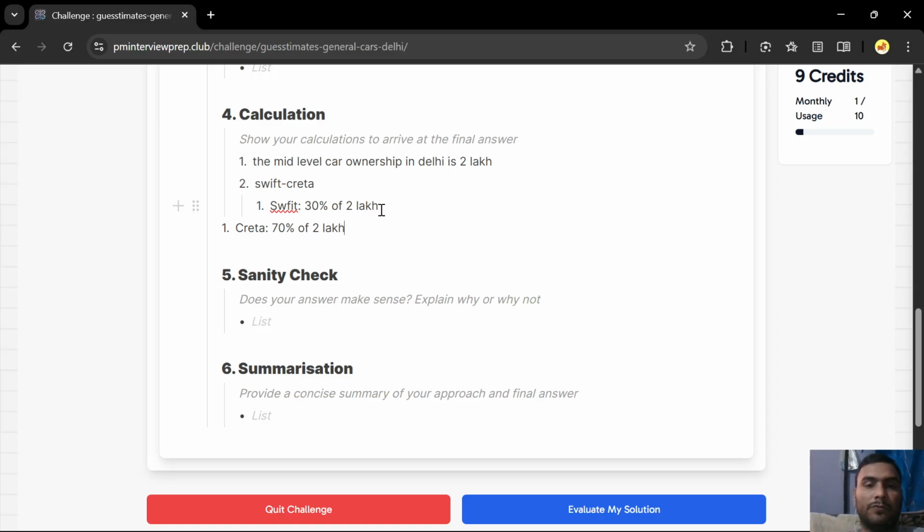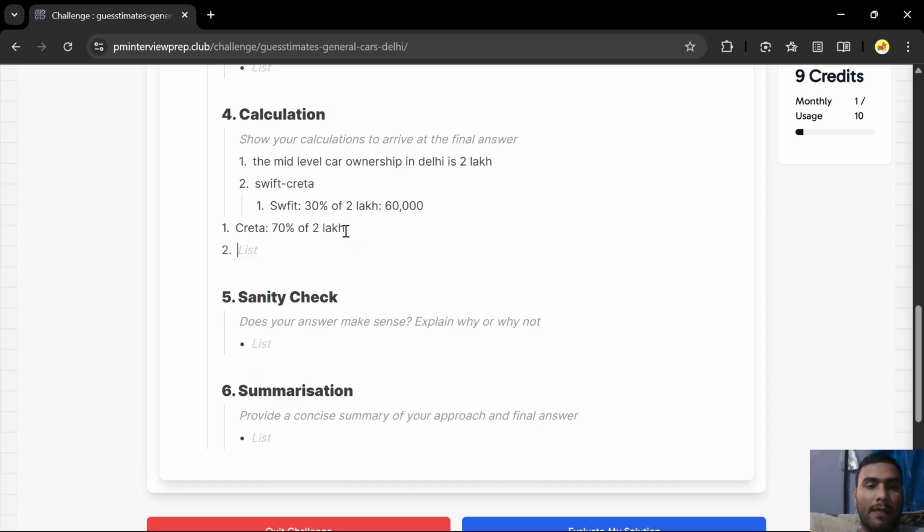So these numbers come around 60,000. So, yes, 60,000 Swift cars in Delhi.